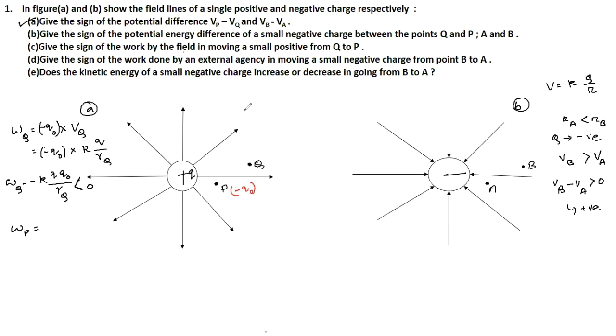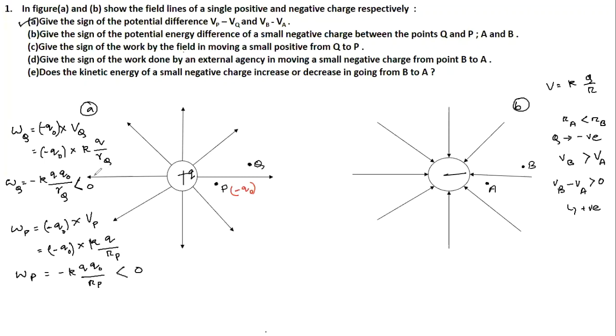That will be minus Q naught multiplied by the potential at point P, which is K Q by R suffix P. So it is again negative, less than 0.